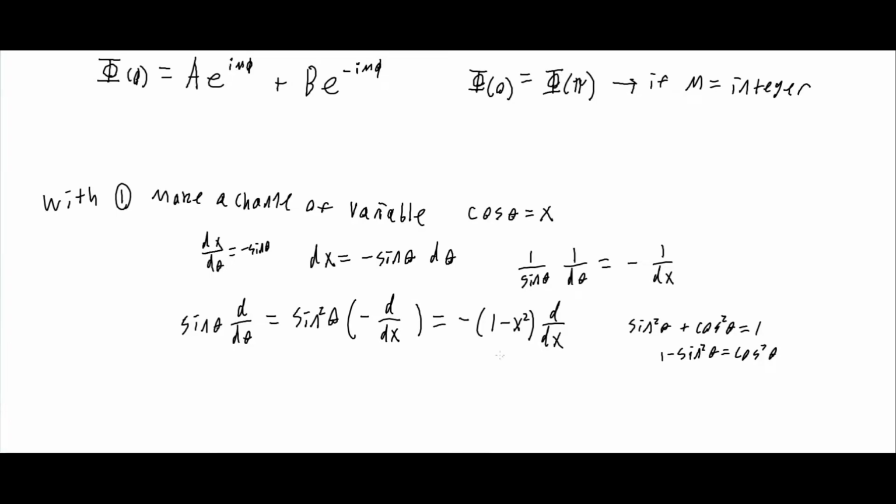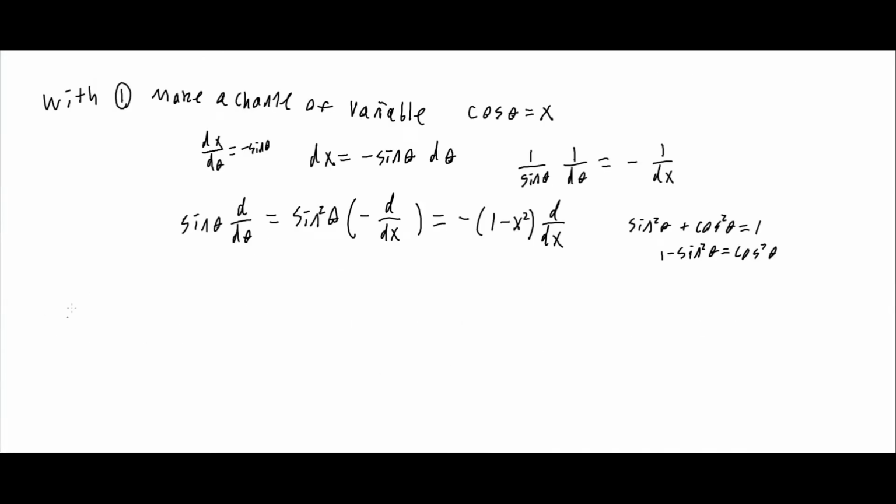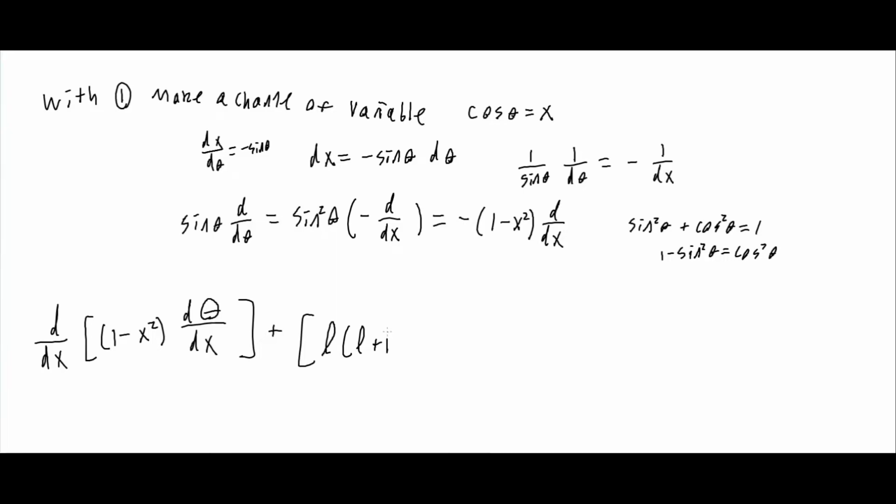And if you've watched my videos so far on the Legendre polynomials and the associated Legendre functions, this 1 minus x squared should be familiar to you, because this allows us to get our associated Legendre equation, which we have as d/dx acting on (1 minus x squared) dΘ/dx, plus L times (L plus 1) minus m squared over 1 minus x squared, multiplied by our function here, equal to 0.